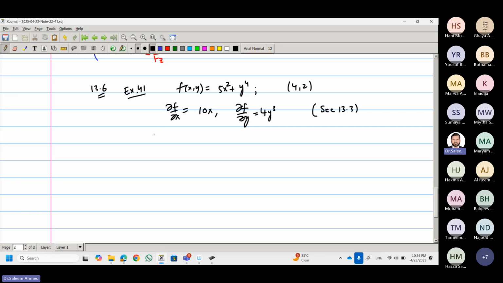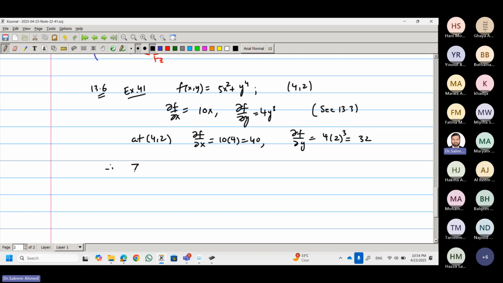So now I will put in the point. At the point (4, 2), my partial derivative with respect to x becomes 10 times 4, because x is 4, and the partial derivative with respect to y becomes 4 times 2 cubed. So 8 times 4 is 32.